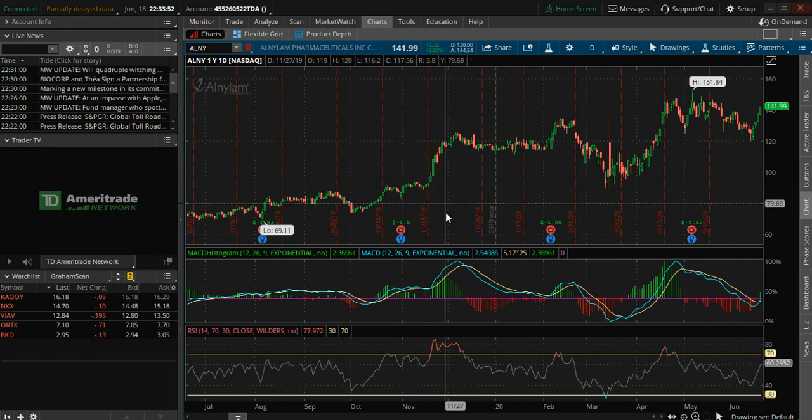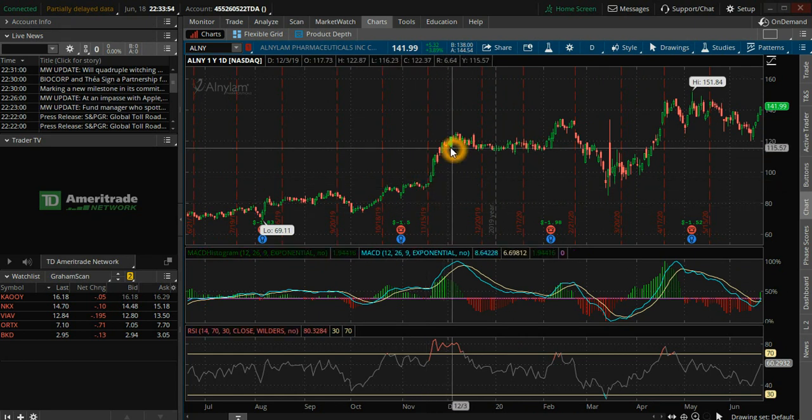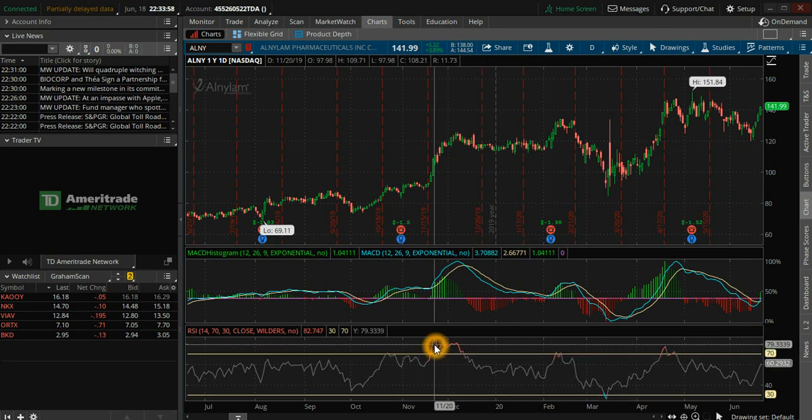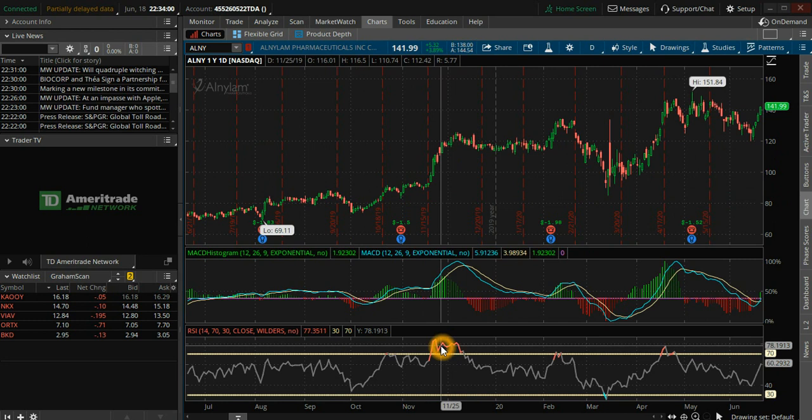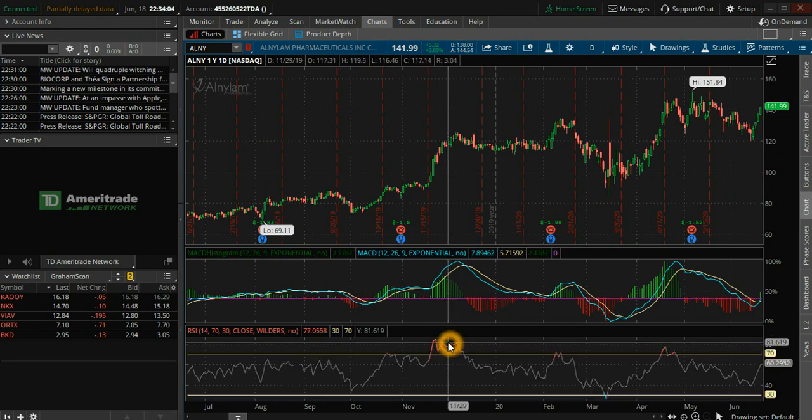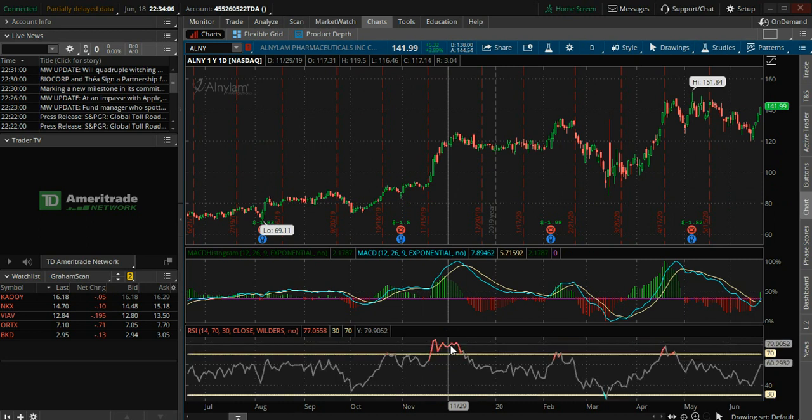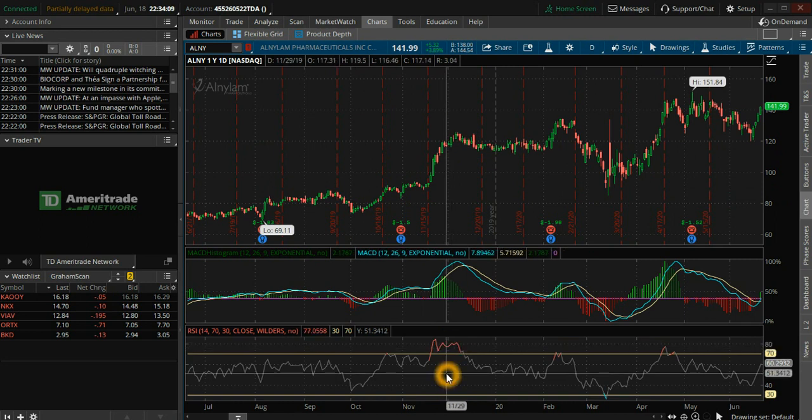And the larger that difference, the stronger that bullish trend is. And then also it's important to look at your RSI. When your RSI is greater than 70, you have an overbought stock, and it's likely going to turn soon. There's plenty of ways to read the RSI, but I'm not going to go into that here.